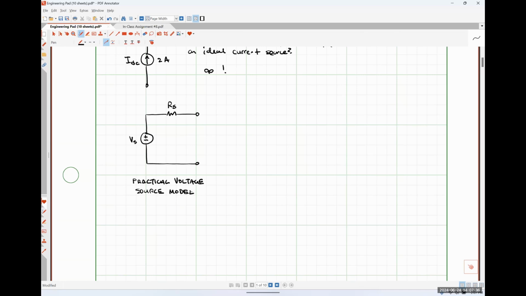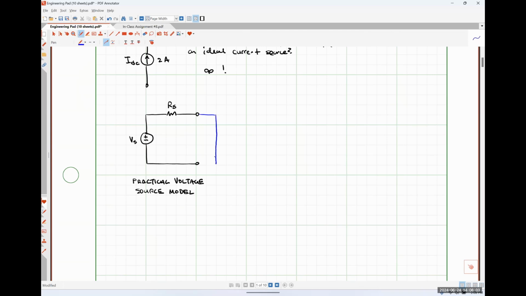But there is some small internal resistance that ultimately describes the relationship that will give us the maximum amount of current that could flow out of a practical battery, which we usually call the short circuit current. Okay. So just to describe that really quickly, let me put a blue line over here.